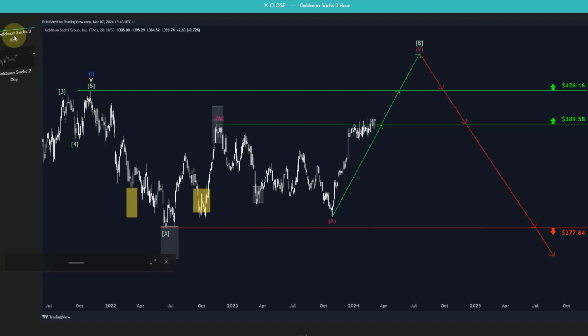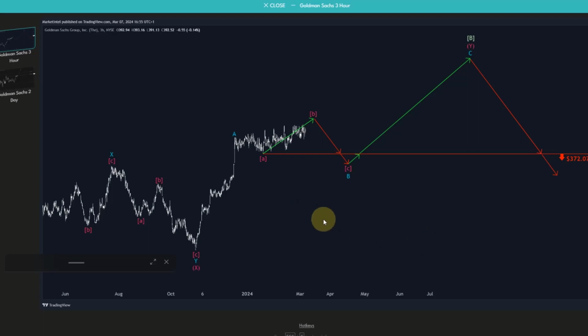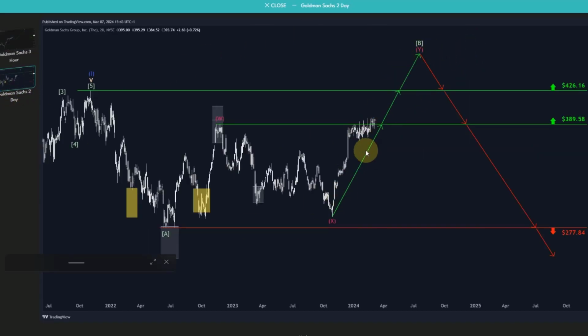Now looking at the shorter time frame, we take a look at the 3-hour chart. Here you can actually see the detail of this magenta WXY structure. You see that the Y wave is currently unfolding. That's the idea. Wave Y of B. Quick reminder, 2-day chart. We're looking at this Y wave right now.